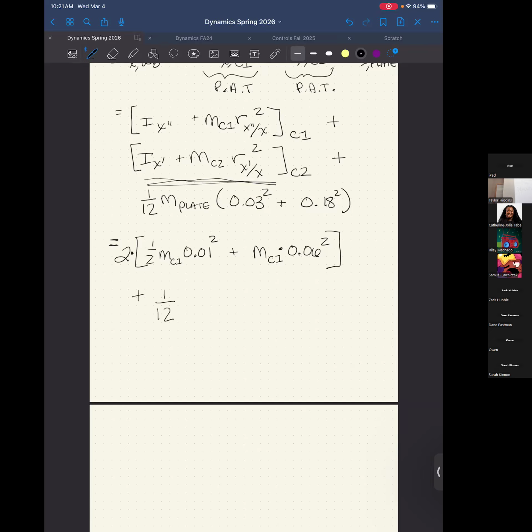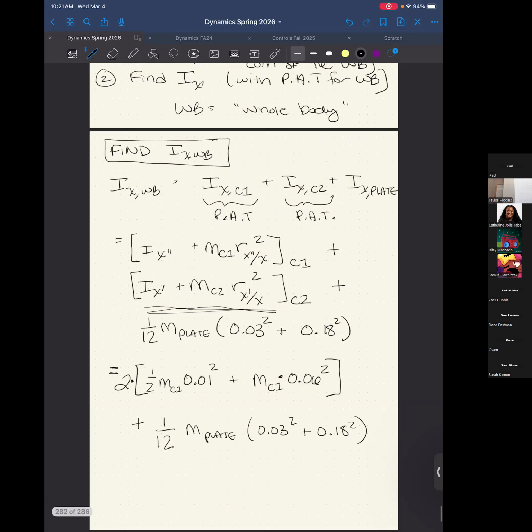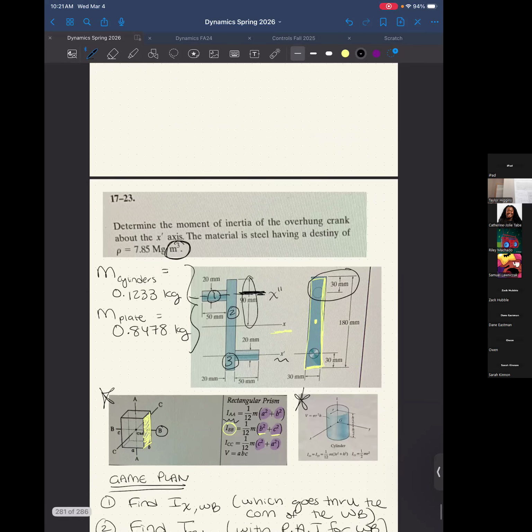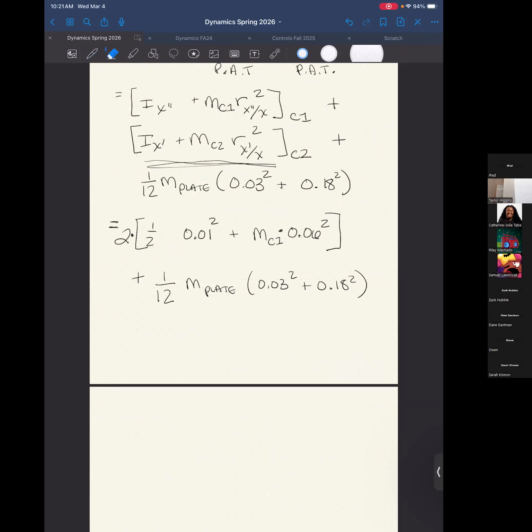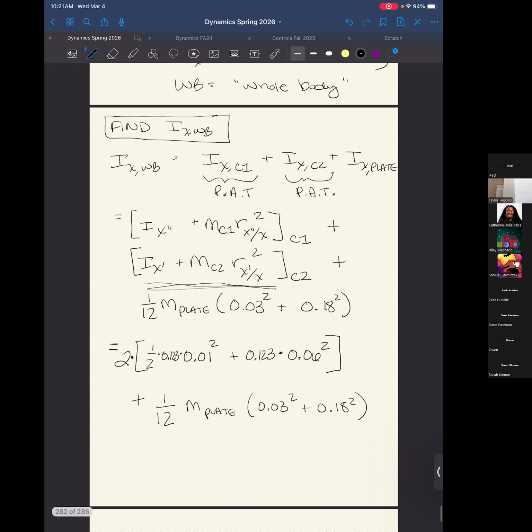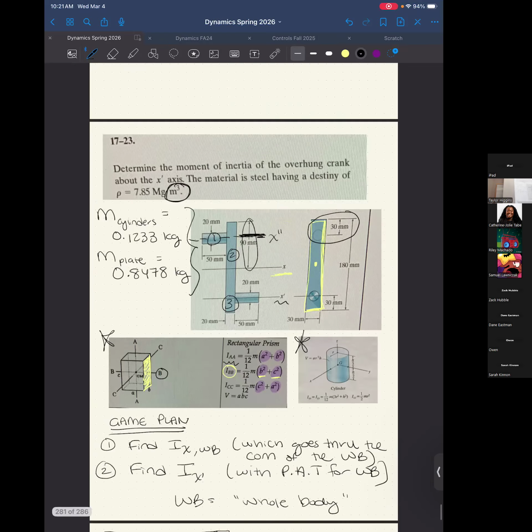So cylinder one, 0.123. And the plate is 0.8478.